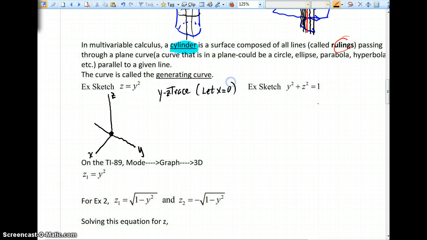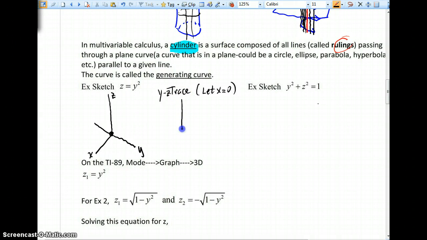Of course, there is no x in this equation to begin with, so really this equation would be exactly the same for this trace, the YZ trace. In the future, if we had an x term, for example, if we would have said plus x or something like that, the trace would allow that x value to be 0 and effectively disappear.